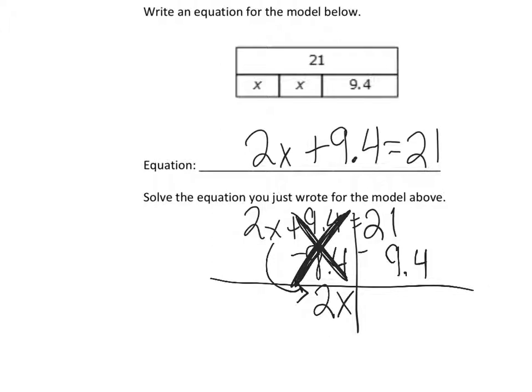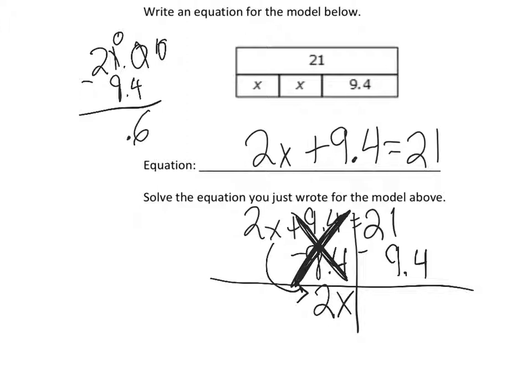Now, I can't do 21 minus 9.4 in my head, so I'm going to do it off to the side. I need to make sure I line up that decimal. If I do not, my answer will be wrong. 0 minus 4 we can't do, so we have to borrow. That becomes 10. This becomes 0. 10 minus 4 gives us 6.